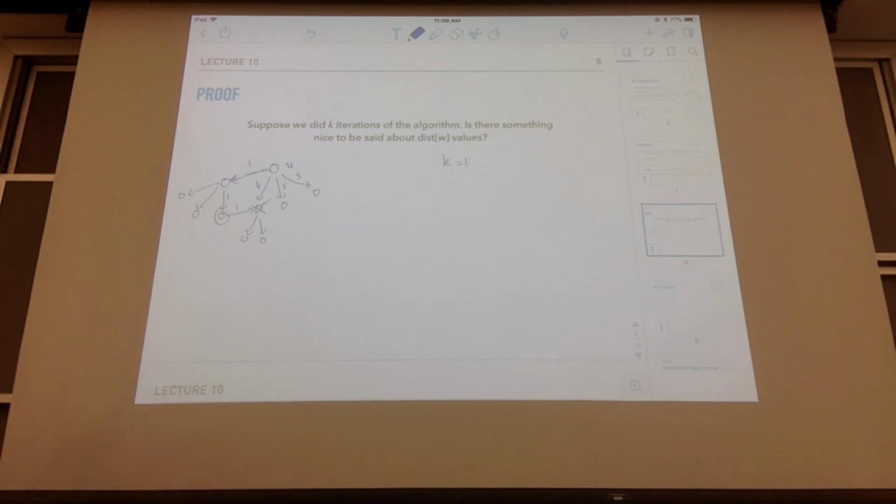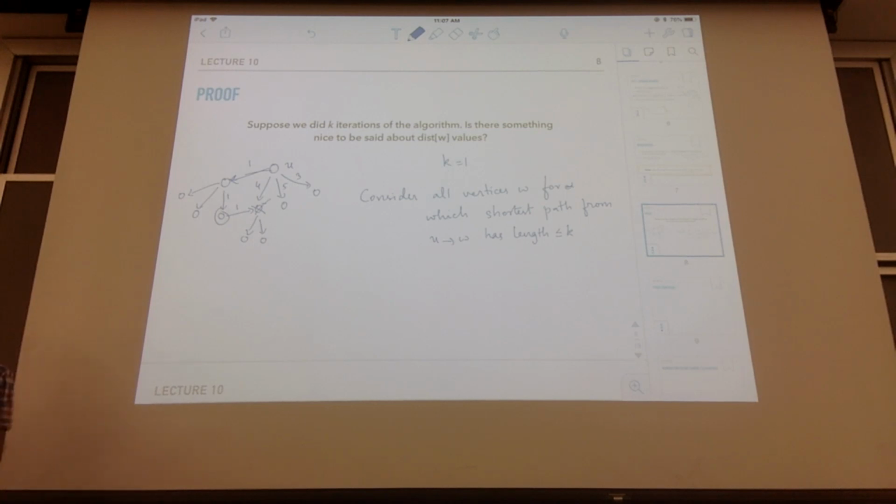Alright, so what he's, I think, trying to say, which is the right statement, is that let's consider all vertices w for which the shortest path from u to w has length less than or equal to k. Okay.